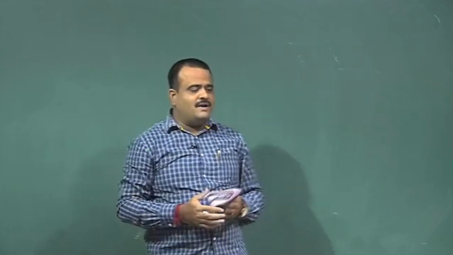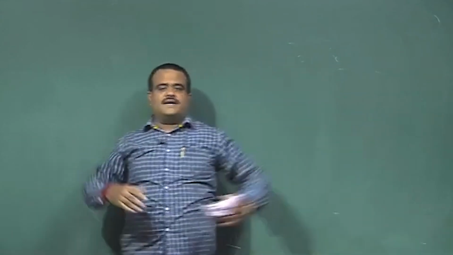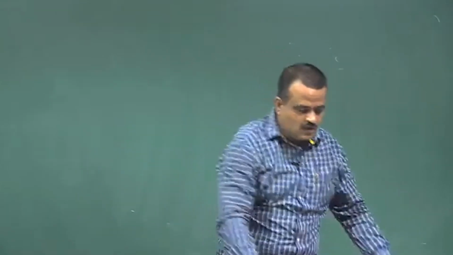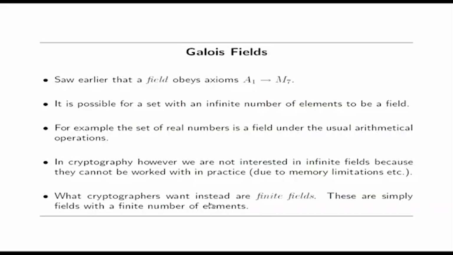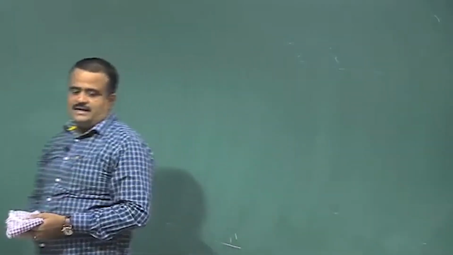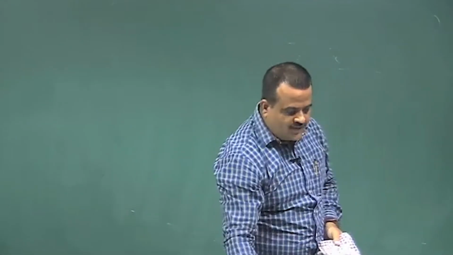But an infinite field is not of our interest, because we cannot store infinite numbers in memory; our computer has finite memory, and memory is a limitation. So, we need to talk about a finite field, that means the number of elements in the set should be finite. So, how to get such a finite field?